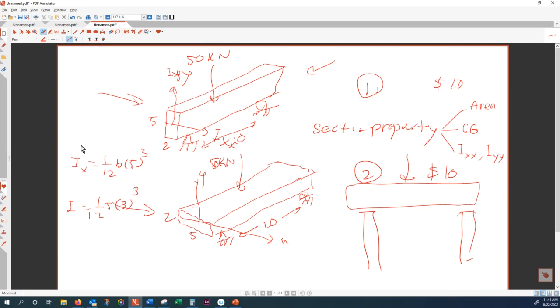So this one is larger, isn't it? That is 1, this is 2. So I1 is much larger than I2, isn't it? Because this is 5 to the power of 3, this is 3 to the power of 3. So if you calculate that, you find out that this is the second moment of inertia. Second moment of inertia, you have this in the energy and motion.